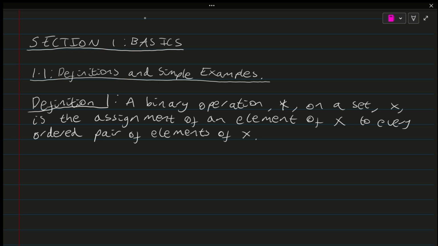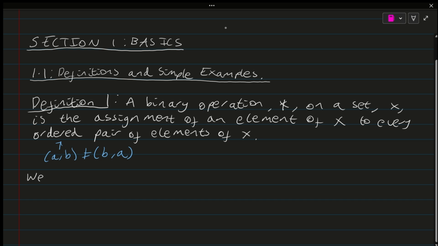If we say A, B, and B, A, those are going to be different elements. So I'll just write that in here. And we take each of these pairs and we assign another element of X to that pair.